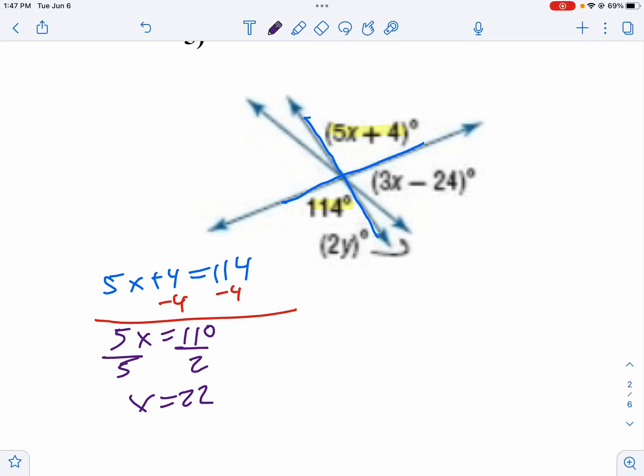Now we're going to use that to solve. 5x plus 4, I already knew that was 114. Now if I put x in for 3x minus 24, 3 times 22 is 66, 66 minus 24 would equal 42. So this angle is 42 degrees.